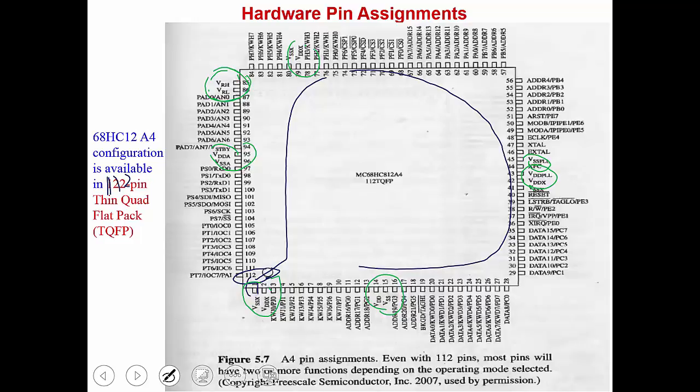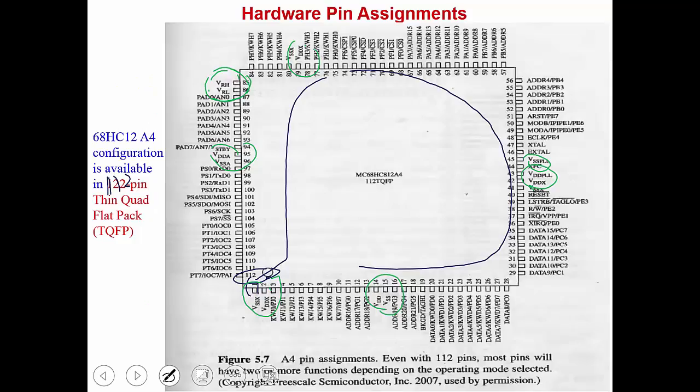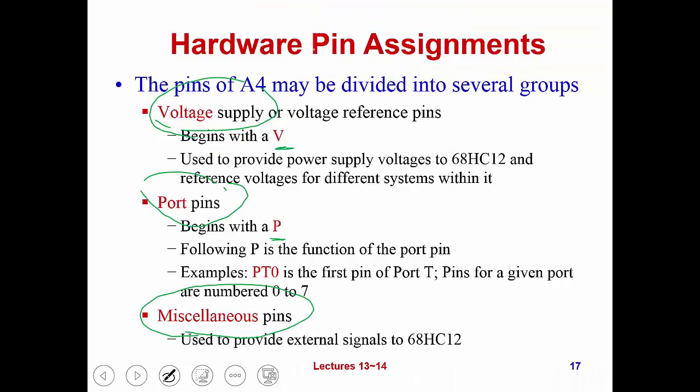Because the different subsystems of the 68HC12 microcontroller require different amounts of voltage. The voltages are even different, so we provide individual voltage to individual subsystems. Those starting with V are called the voltage pins or the voltage reference pins. So here I show you we have different reference voltages for different systems.